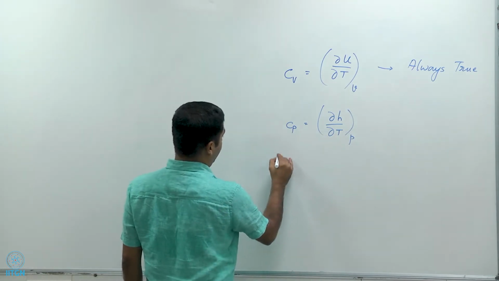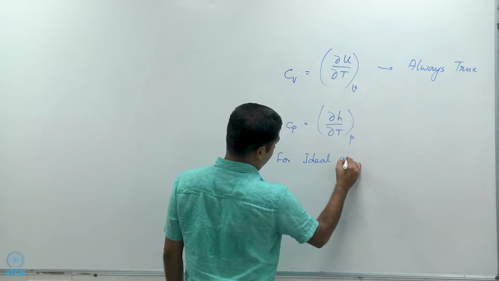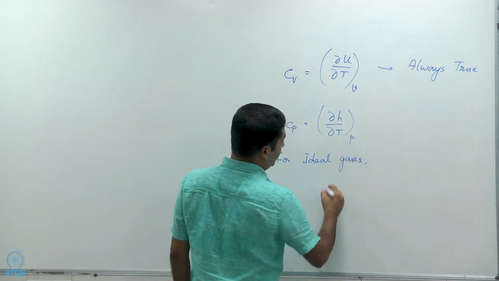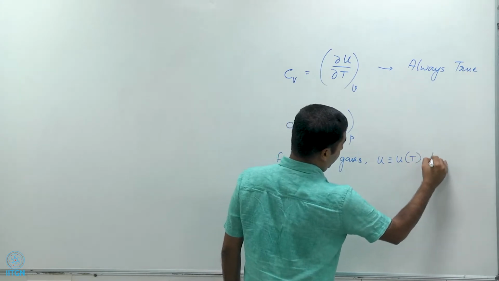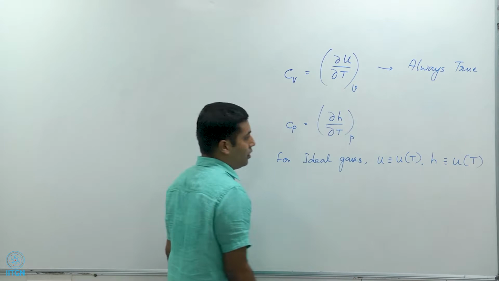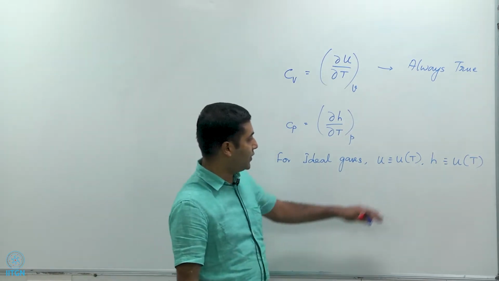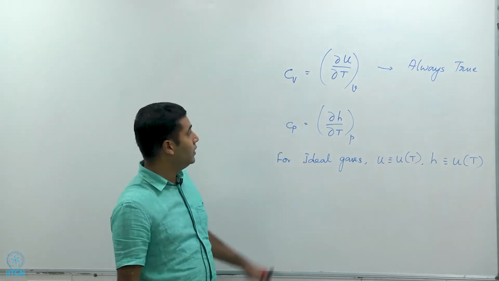And for ideal gases, we have seen that U is just a function of temperature and H is also a function of temperature. And I would like to emphasize that this is not always true. This is true only for ideal gases, right?